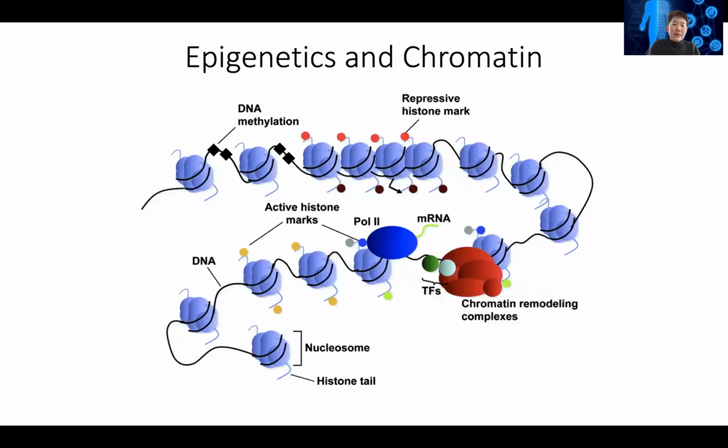So I hope you can see from the lectures on DNA methylation, histone modification, nucleosome positioning, and chromatin accessibility that epigenetics are beacons in the genome that tell transcription factors where to go.